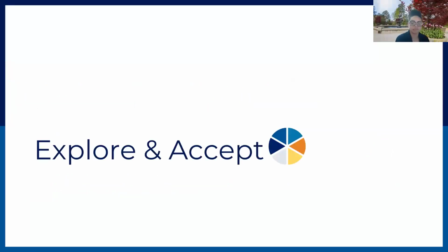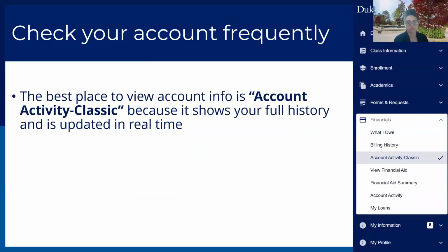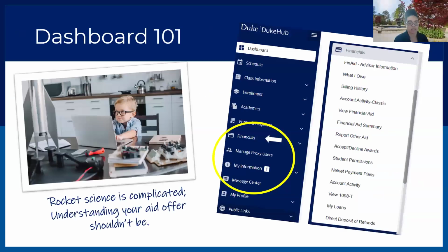First and foremost, the biggest takeaway from this should be that everything you need is on your Duke Hub. All of the financial pieces related to both the aid office and the bursar's office, the billing office, are all located and accessible on your phone or on your desktop when you log into Duke Hub. So you will want to explore that at length this summer.